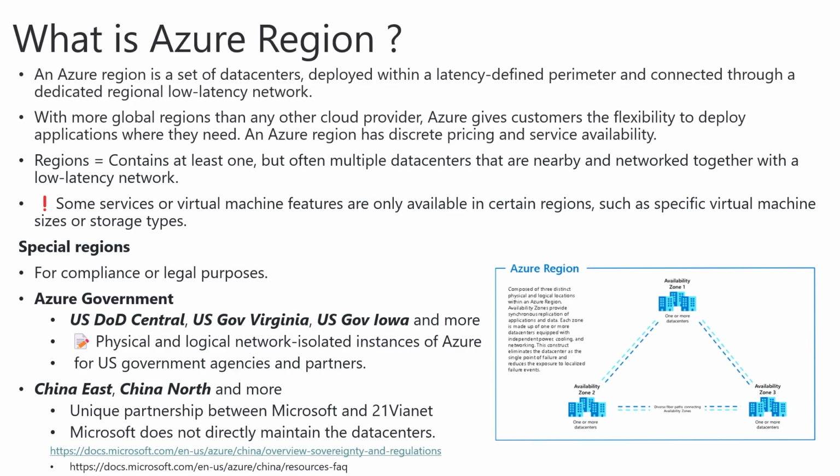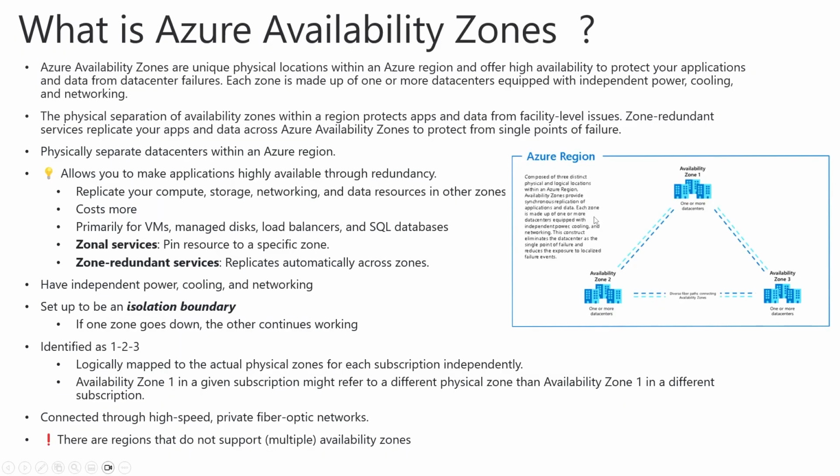There are also several special regions, like Azure Government, with different regions for US government, such as Virginia or Iowa, or China East and China North. Some services might be available only in certain regions, so there is a possibility that a service you are looking for might not be available in that data center.